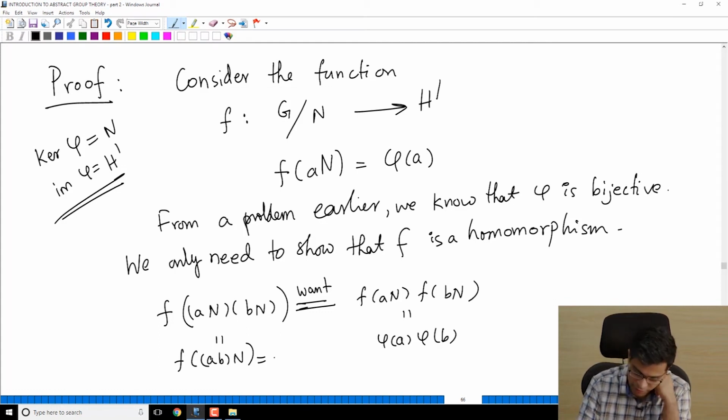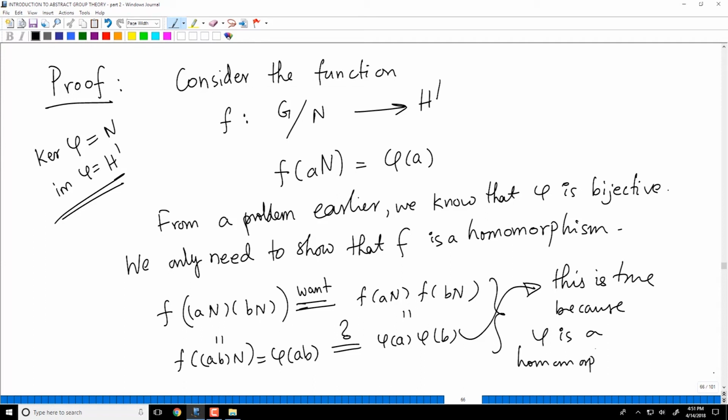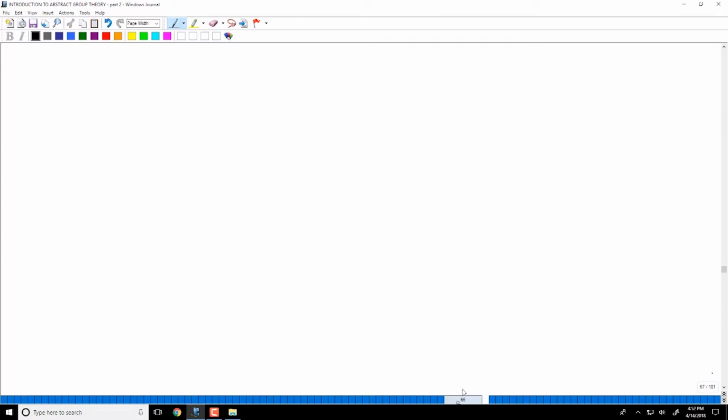And what is f of abN? You take any coset and you take the element here and map it to phi of that element. So f of abN will be phi of ab. Now is it true that phi of ab is phi of a times phi of b? Of course it's true, because phi is a homomorphism. Hence f is a homomorphism. So we have checked that f is a homomorphism. So the proof is done.